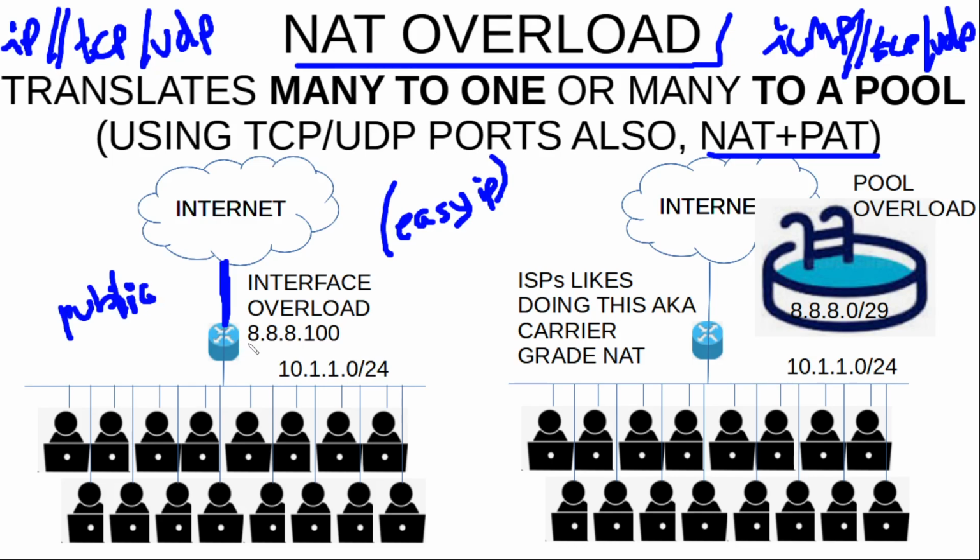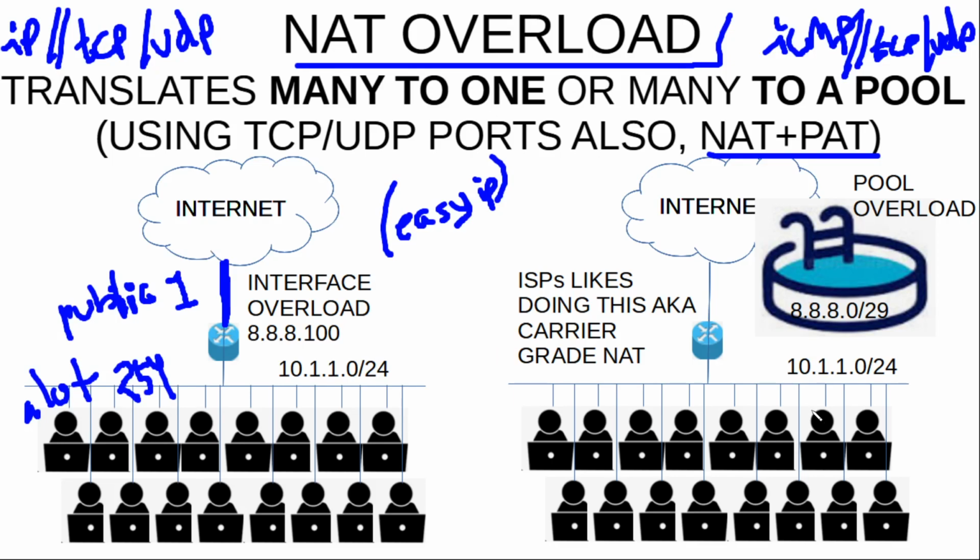In this case, for instance, 8.8.8.100, and you have a lot of public or private IP addresses that want to reach the internet. For instance, 10.1.1.0/24. In this case, you have 254 users that want to use the internet, and we are going to use only one public IP address to accommodate all their connections. This is one way of using NAT overload.